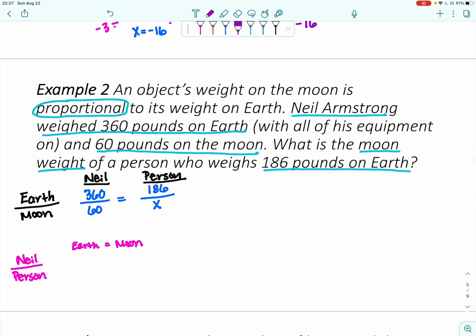So now that I have my proportion set up, I can cross multiply. I get 360 times X equals 60 times 186. So I'm just rewriting this side so it looks better. And then the right-hand side becomes 11,160.